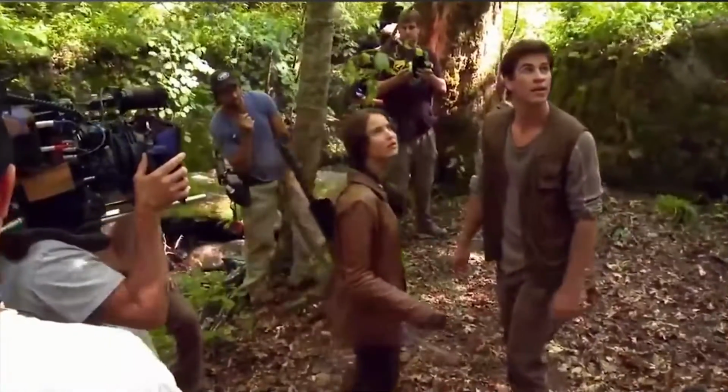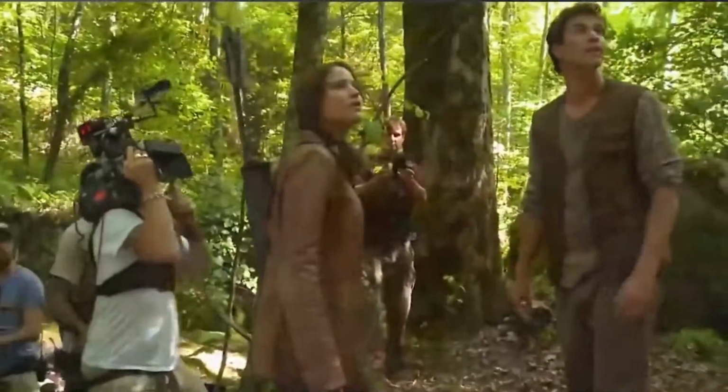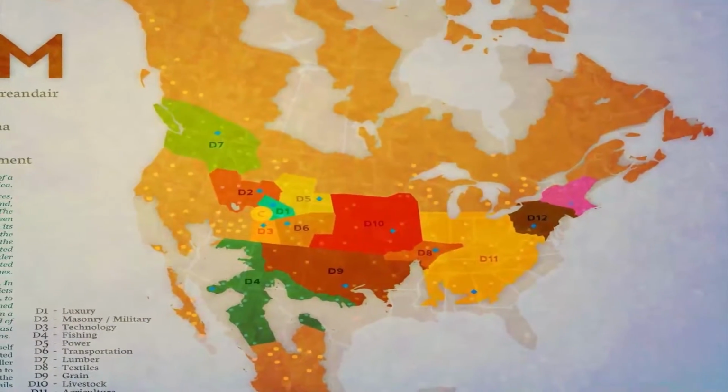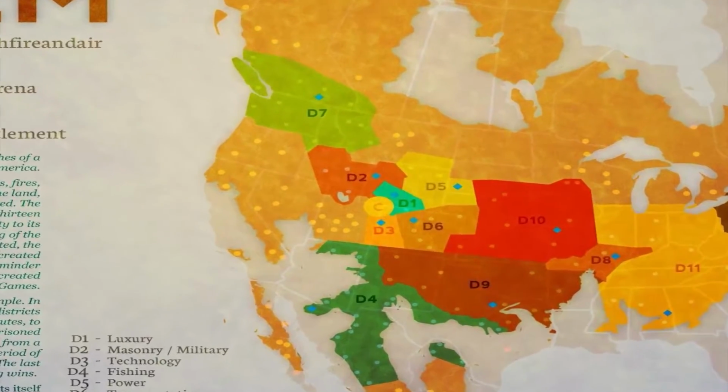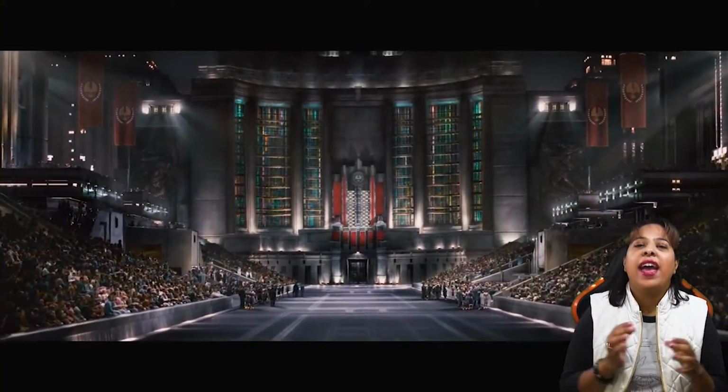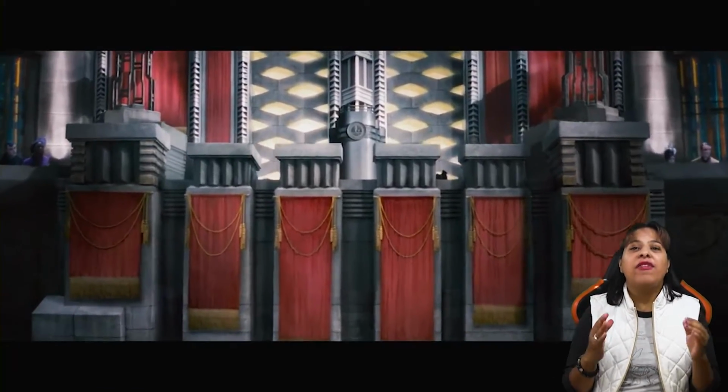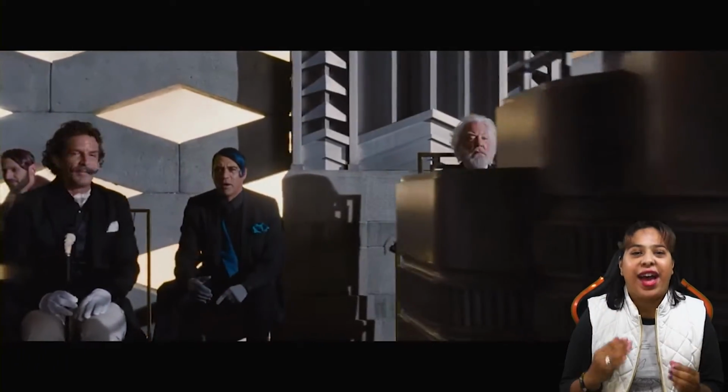Hunger Games takes place in the country called Panem, which is divided up into 12 districts and one capital. The towering buildings and beautiful technology of this dystopian world was created by VFX.